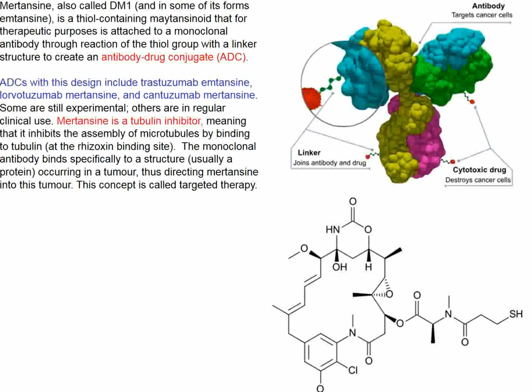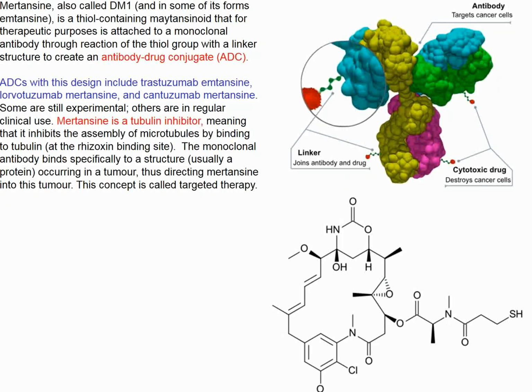Mertansine is a tubulin inhibitor. This would then provide the therapy with a second hit, directing not only HER2 signaling, but also simultaneously inhibiting tubulin formation.